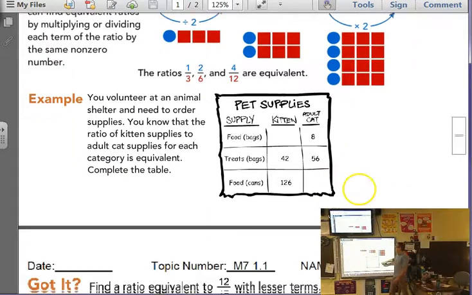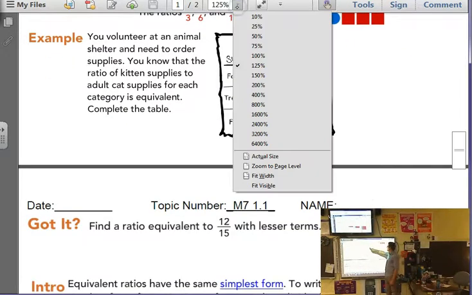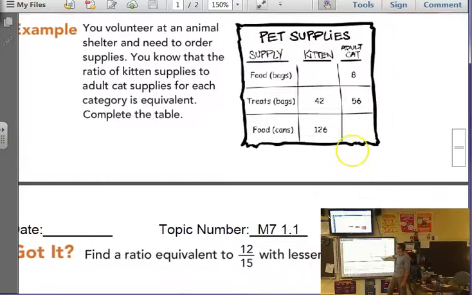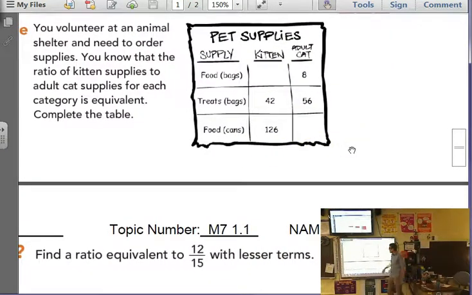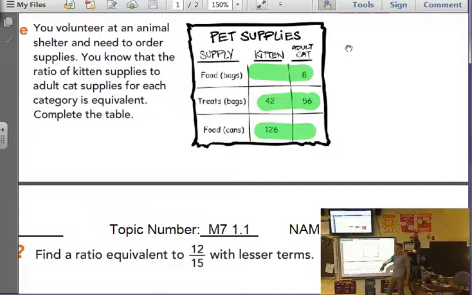So we are working at the pet shelter. If you've never volunteered at a pet shelter, it's a pretty good experience. So we know that the ratio stays the same regardless of whether we're talking about treats, food bags, or food cans. So this ratio right here will be the same ratio that we find here and the same ratio that we find here.